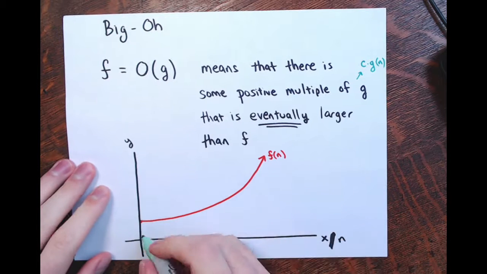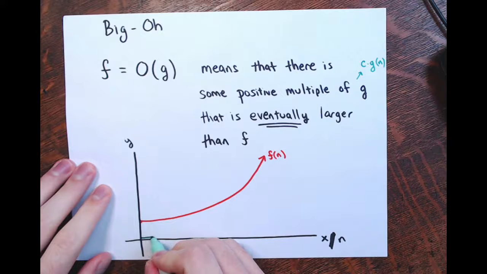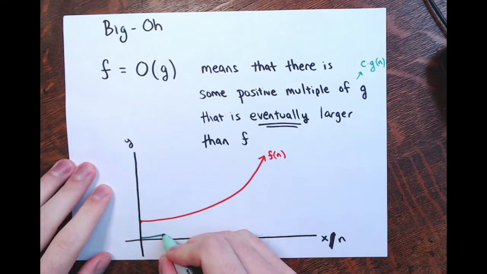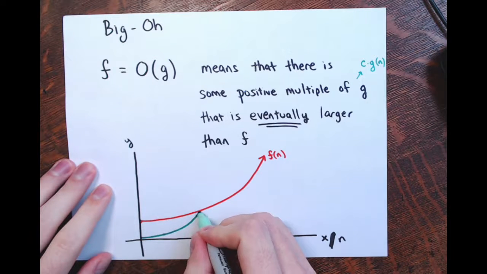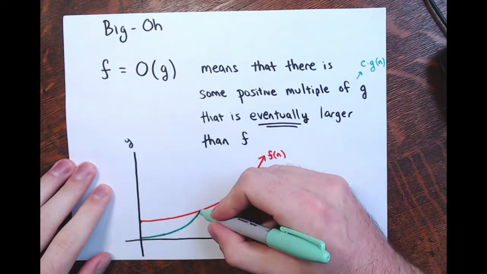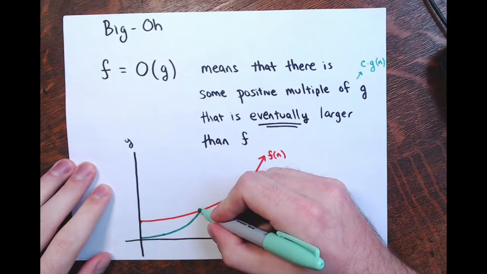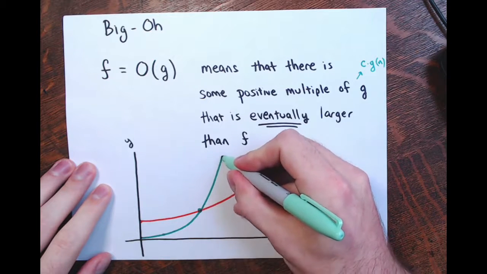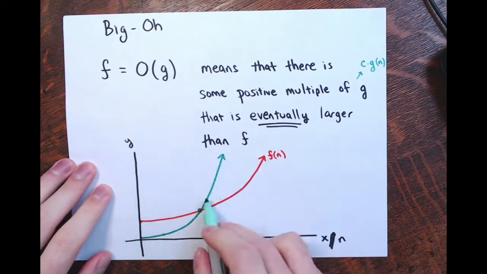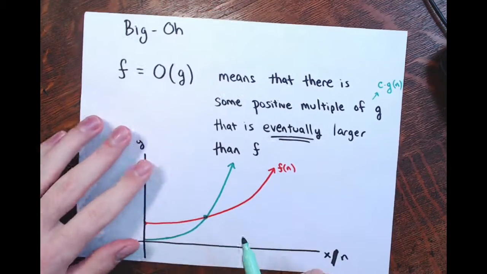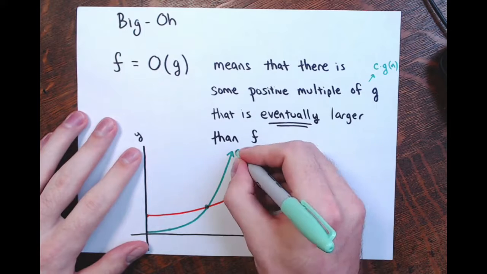So maybe c times g of n starts off down here, but then at some point as you increase the inputs, it starts becoming larger than f of n and stays larger than f of n.